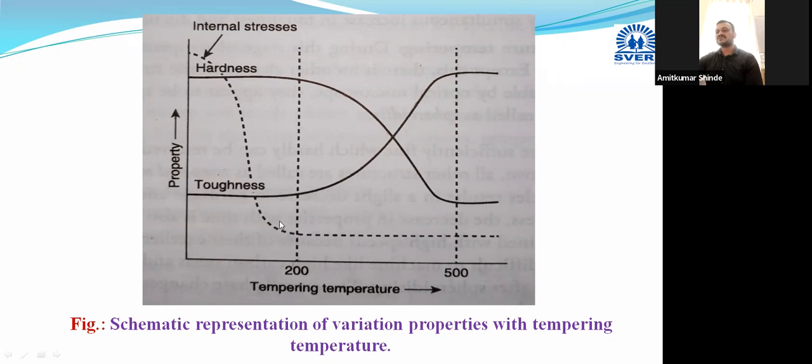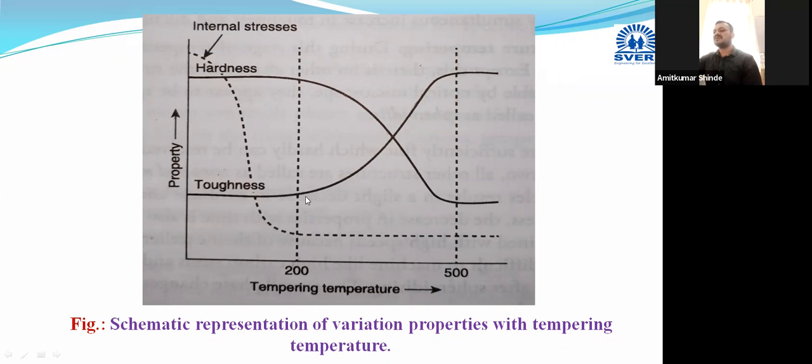Whenever the temperature is above 100, in all types of tempering methods, the internal stresses are completely eliminated in low temperature, medium temperature, and high temperature tempering. But in low temperature tempering, toughness is not achieved. Means hardness is not decreased or toughness is not improved.